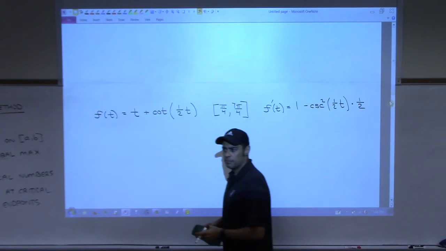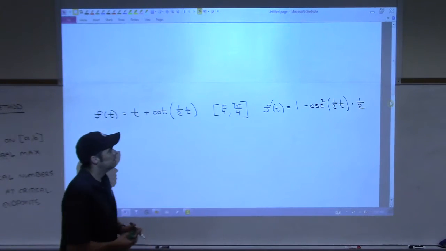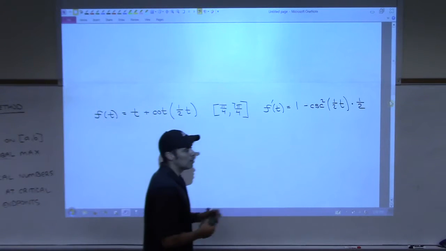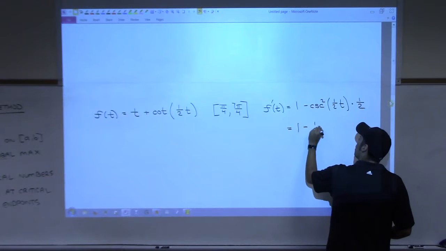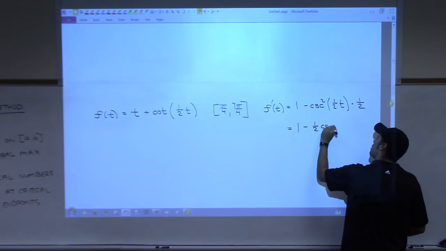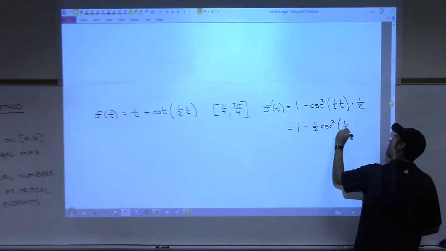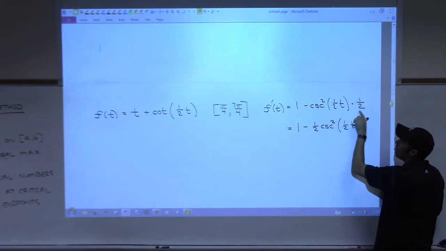Everyone agree with that? Not a whole lot I can do to simplify that or clean it up. I could just write maybe this: 1 minus 1/2 cosecant squared of 1/2 t. I just moved the 1/2 out here in front.